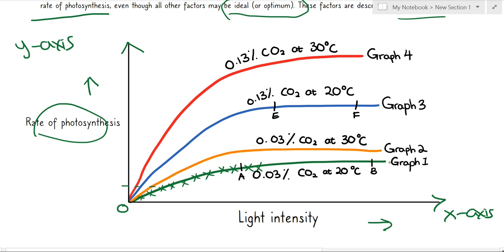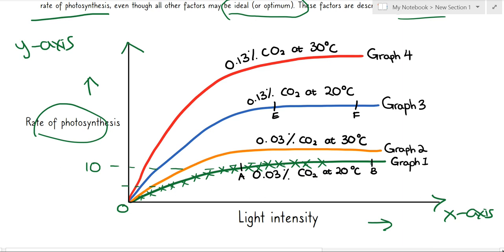It goes straight. So when it reaches this stagnant line, it means that the rate of photosynthesis is not increasing anymore. It's just stuck there. Let's give this a number, so maybe the rate is 10.